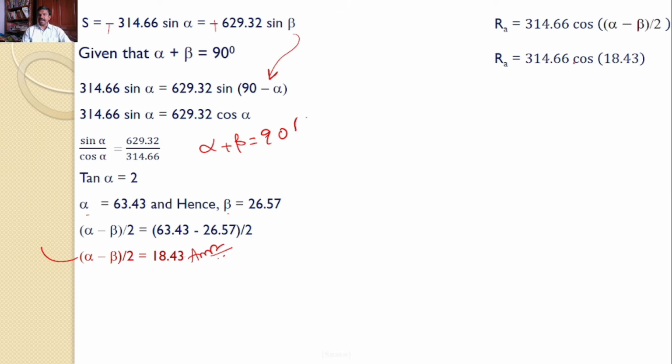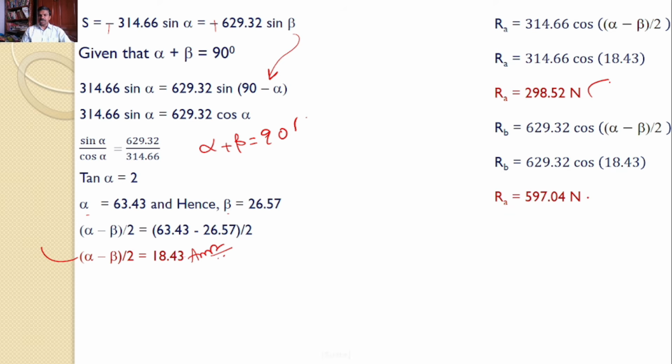I can substitute 314.66 into cos 18.43, which gives the value of RA as 298.52 newtons. Similarly, from the free body diagram of roller B, I got RB is equal to 629.32 cos of alpha minus beta by 2, and substituting 18.43, this results in the value of RB, that is 597.04 newtons.